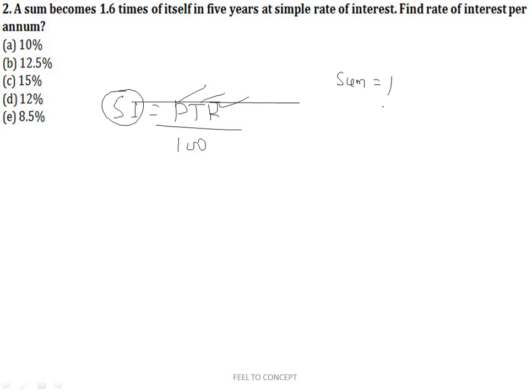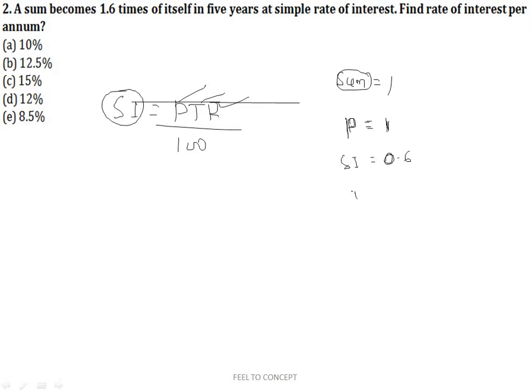The sum becomes 1.6 times the principal, so the sum is 1.6 and the SI is 0.6.